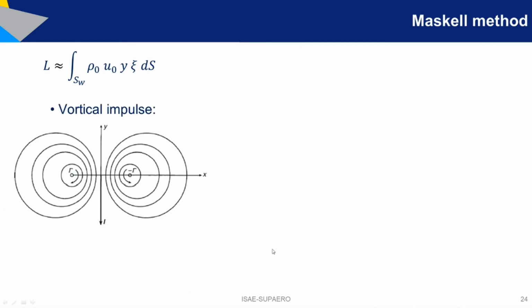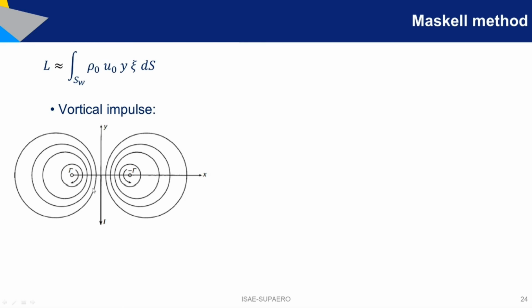So what's the physics behind this simplified lift expression for Muscle? Well, it can be better understood based on the vertical impulse. Let's consider two counter-rotative vortices. These two vortices will induce a rotational flow field, in this case counterclockwise, in this case clockwise, and in between there will be a downward velocity.